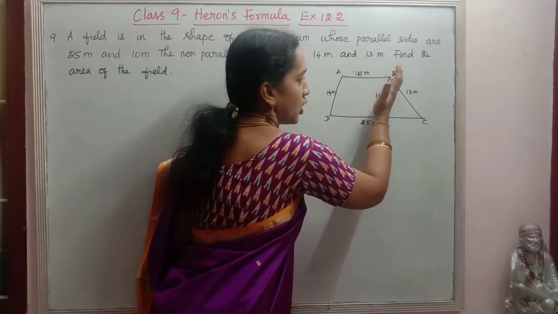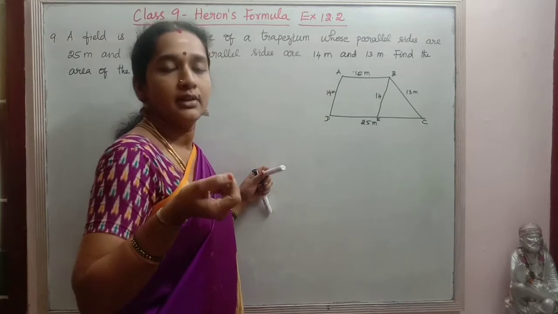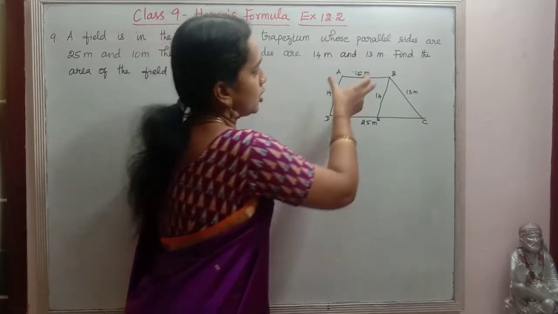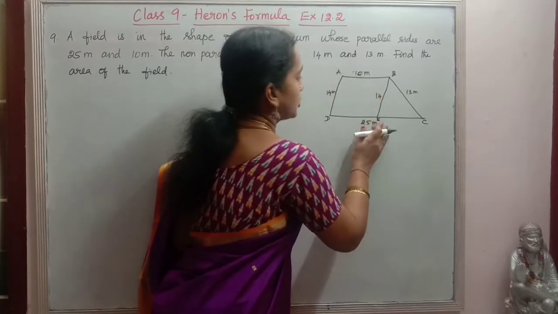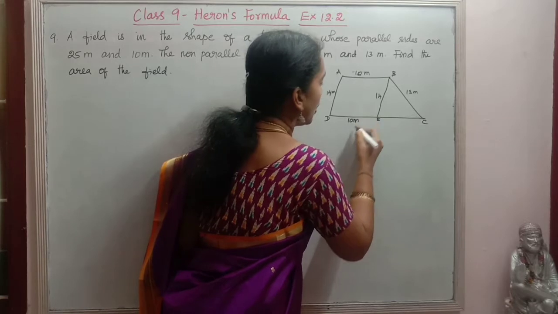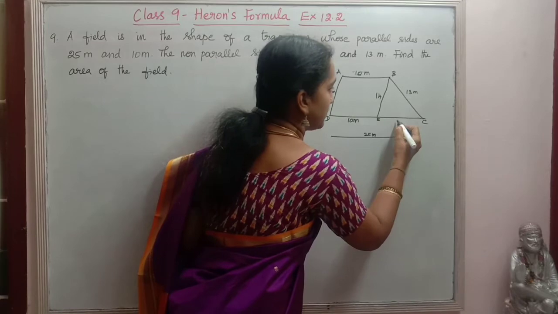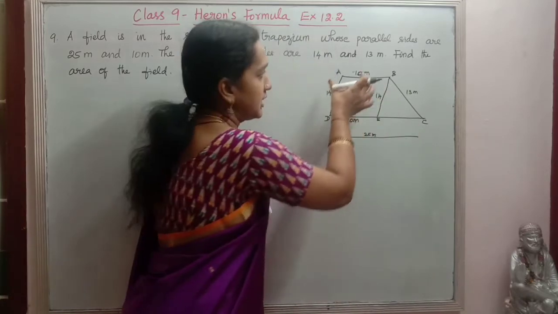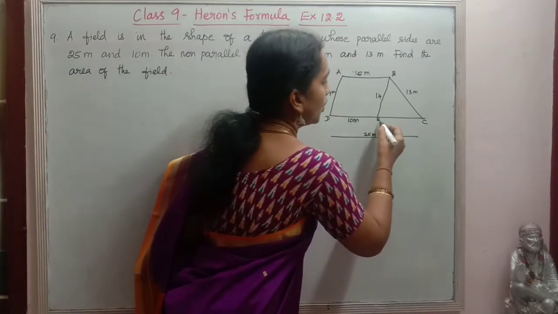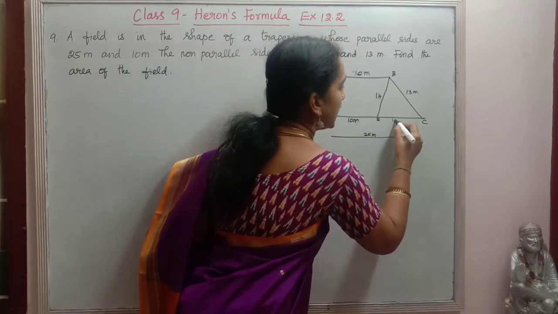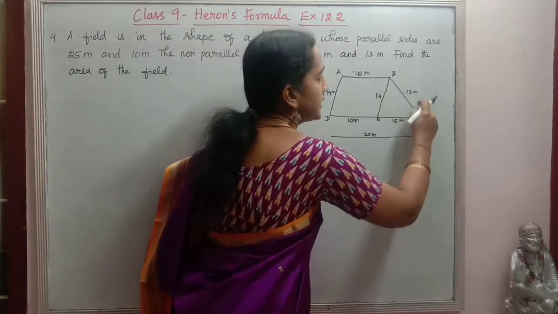Since the opposite side of the parallelogram is 10 meter, the remaining length CE will be 15 meter. So we got the sides of the triangle.